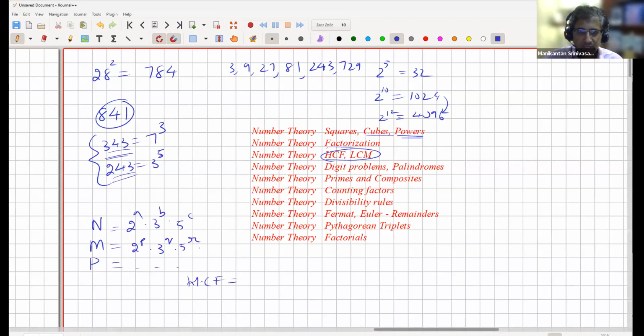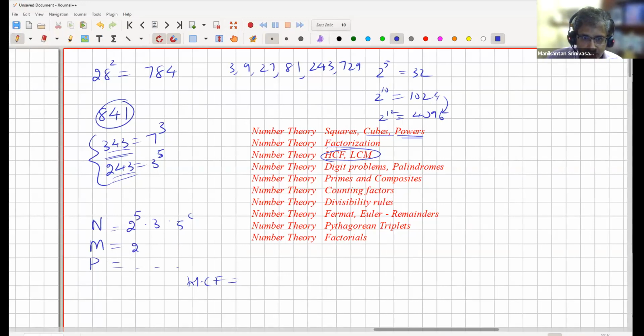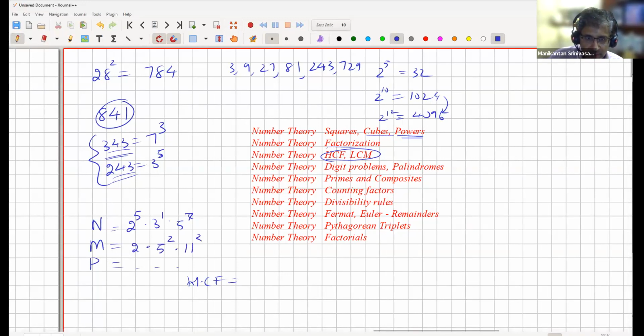So let's say, in fact, I'll put numbers, that's easier. I'll give 3 numbers. So it's 2 power 5 times 3 power 1 times 5 power 7. And this is 2 times 5 square times 11 power 3. And this is 2 cube times 3 square times 7 power 8.